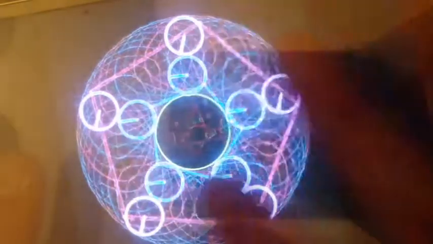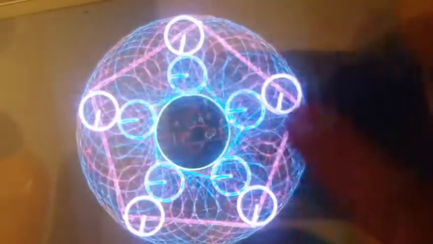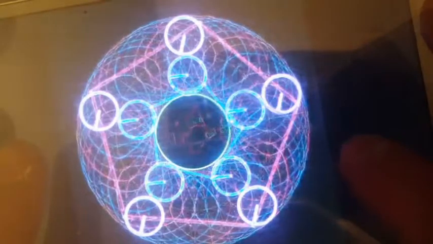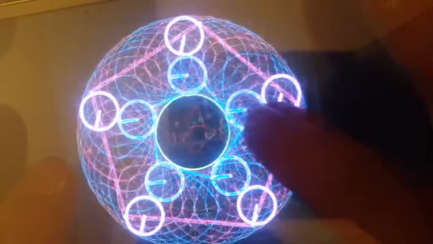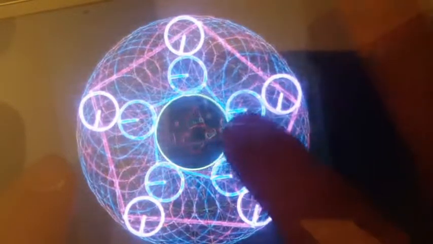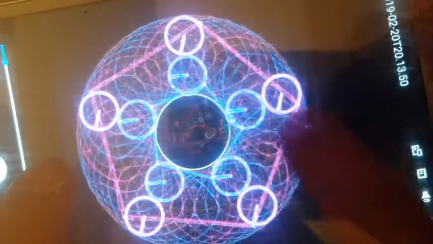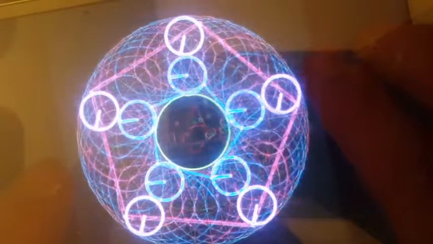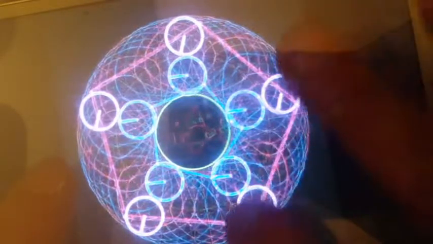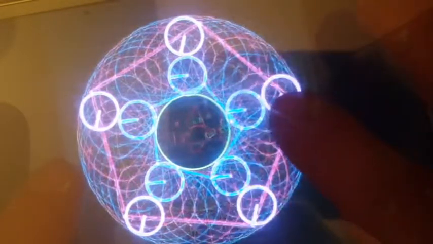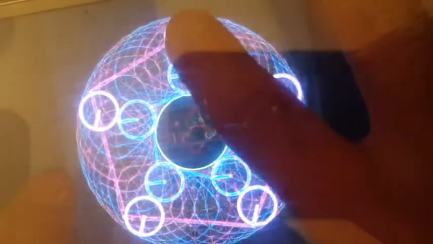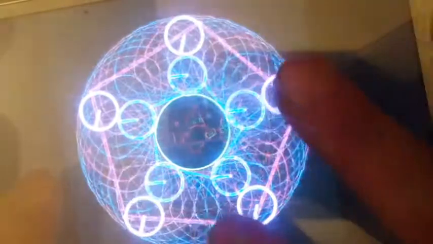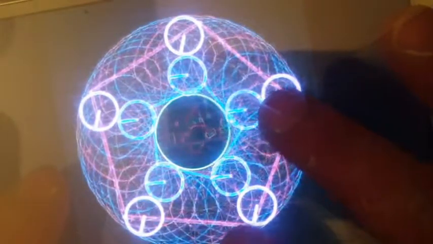So I've partitioned them in 5s like I did with the ones on the outside, so that the inner and outer circles are pointing toward each other 4 times at 0, or i to the 0, i to the 1, i to the 2, i to the 3, i to the 4.